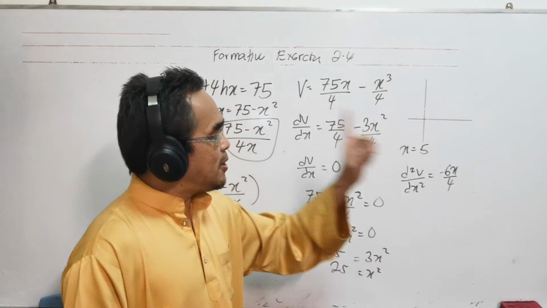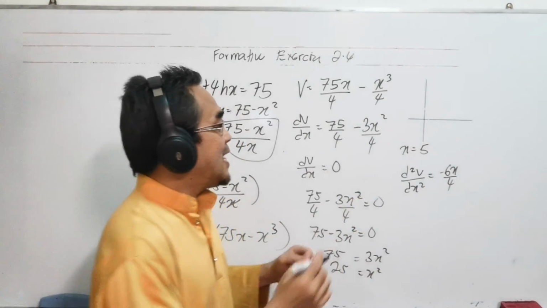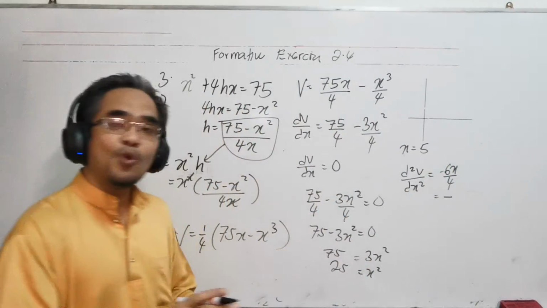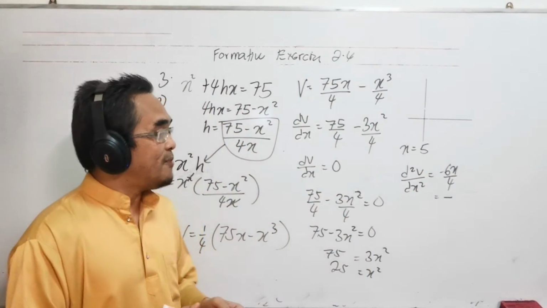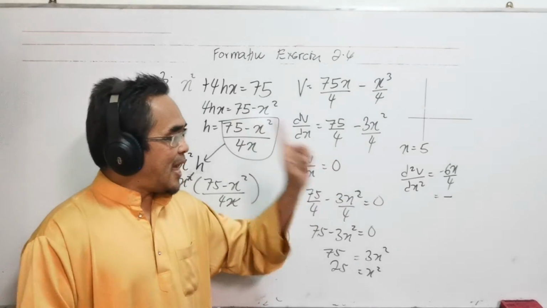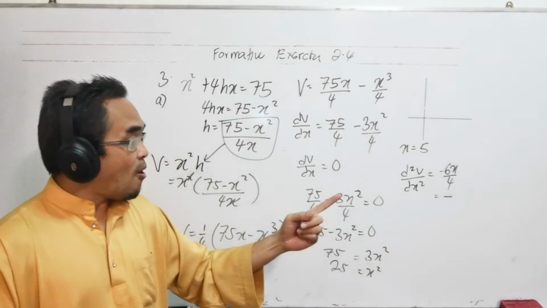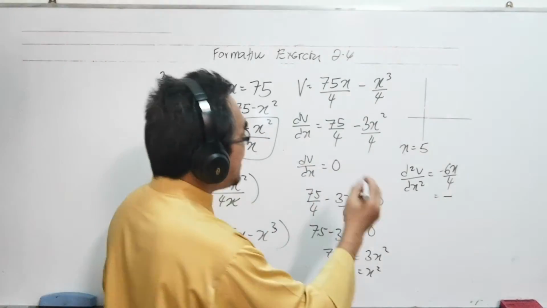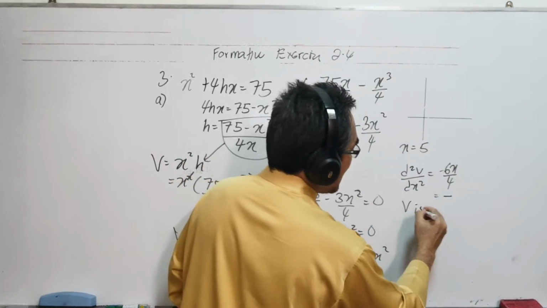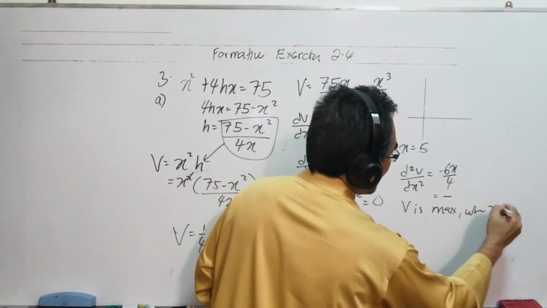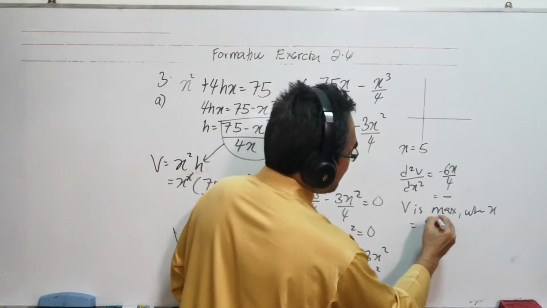What is important, when you replace, the value is negative. Actually, we do not care what the actual value is, but what is important is that the second order will give negative. Therefore V is maximum when x is 5.